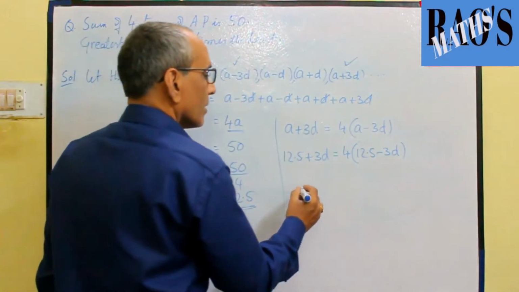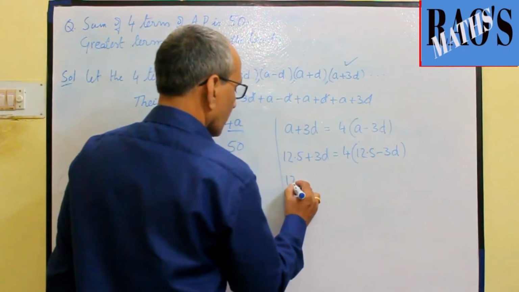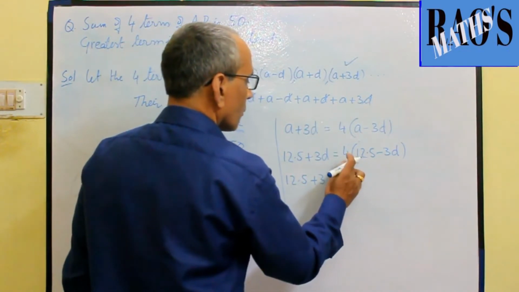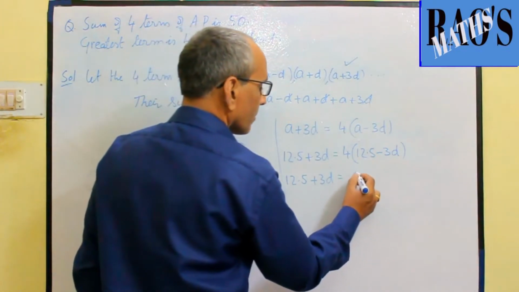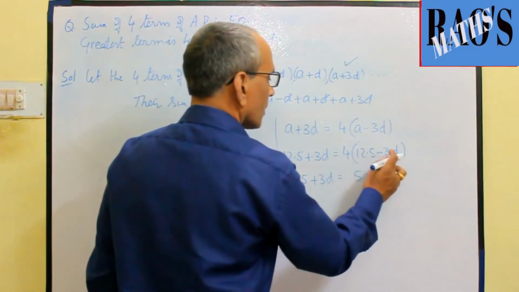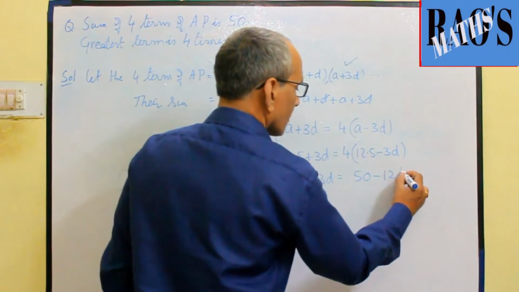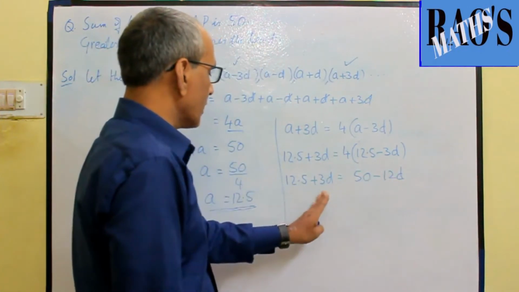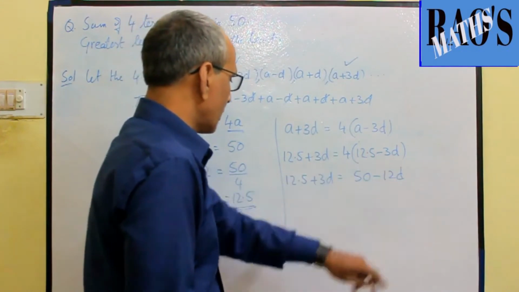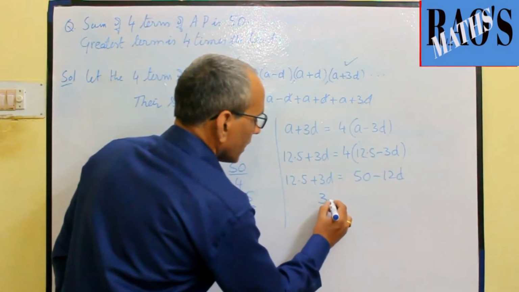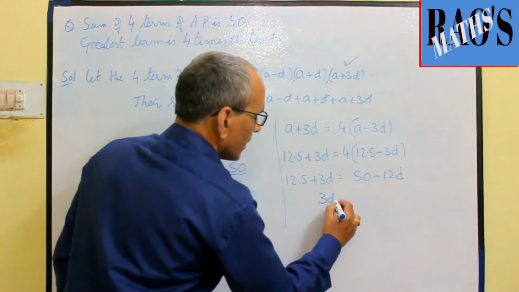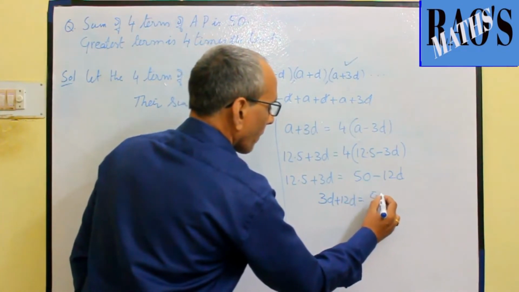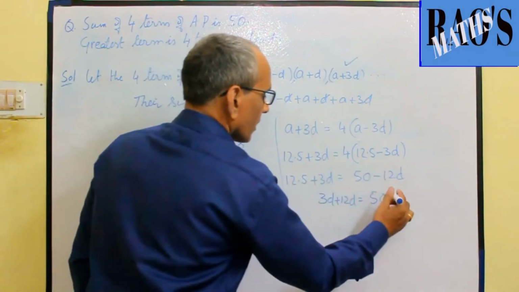Okay. So 12.5 plus 3D is equal to 4 into 12.5, 50, minus 4 3s are 12D. Let's transpose, that is 12D to LHS, 12.5 to RHS. So 3D plus 12D is equal to 50 minus 12.5.